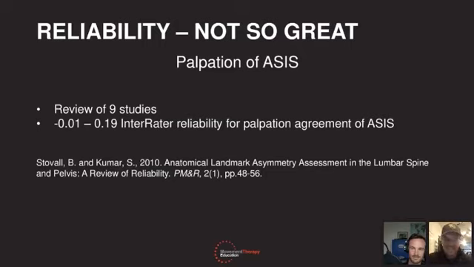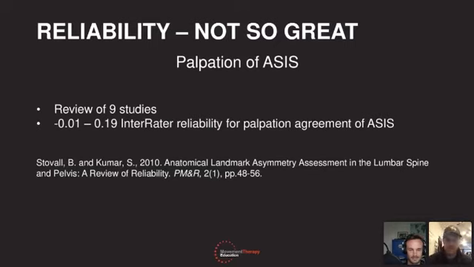And the inter-rater reliability, so me doing it and then Dan doing it or whoever, the reliability for palpation agreement was minus 0.01 to 0.19. So there was sometimes a negative correlation with that agreement.